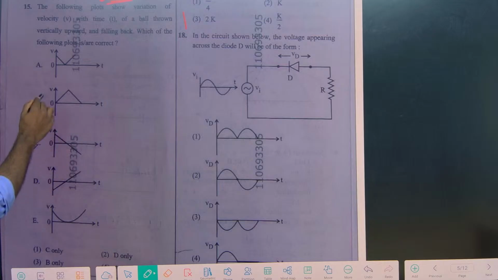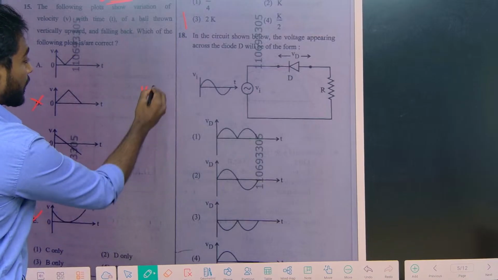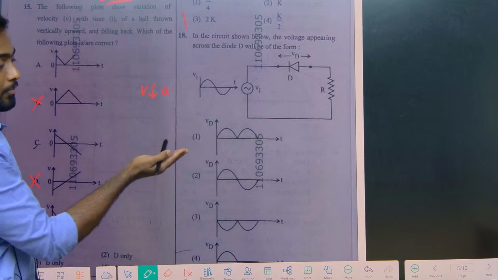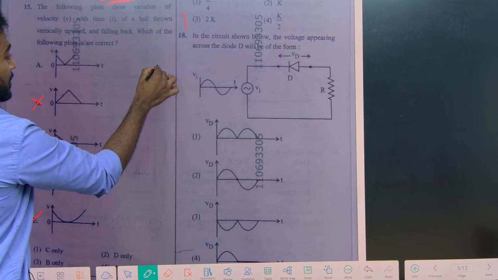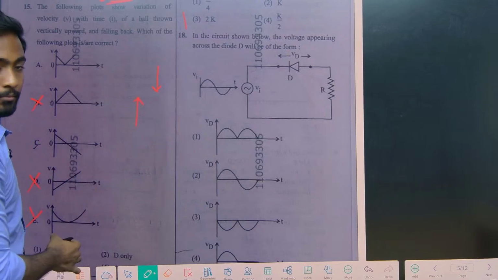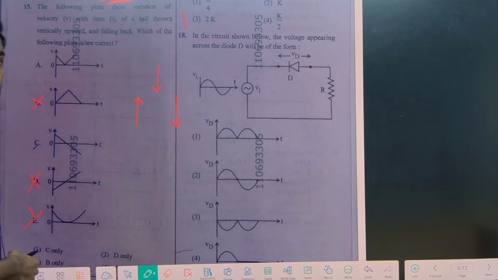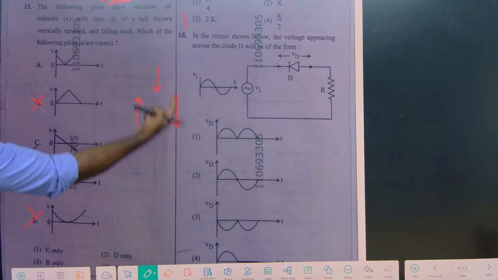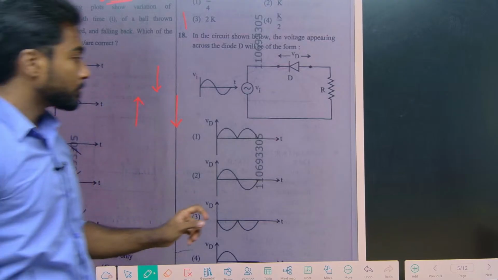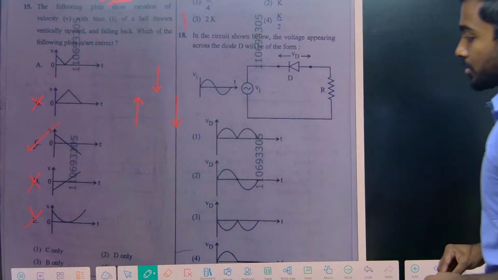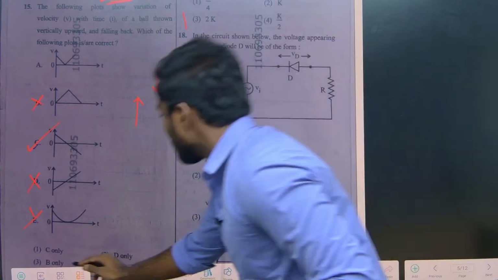So I can say this one I can eliminate, this one also I can eliminate, this also I can eliminate. Go for the second, A and B, A and C. So it became 0 and it increases again, but how does it increase? It increases negatively. Which means initially velocity is decreasing, acceleration keeps on opposing, which means acceleration g is always downward, velocity upward. Again velocity is downward, right? So increasing and then decreasing. Option C is the answer. C only. Yeah, that is option 1.